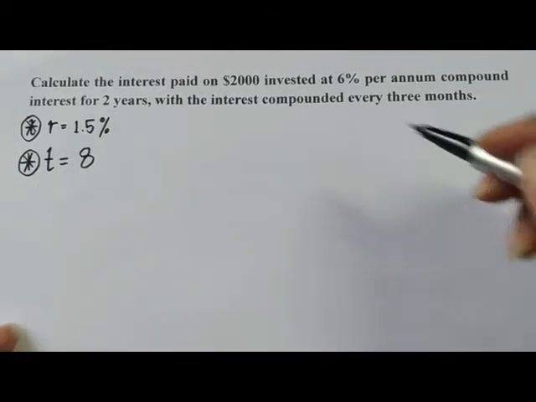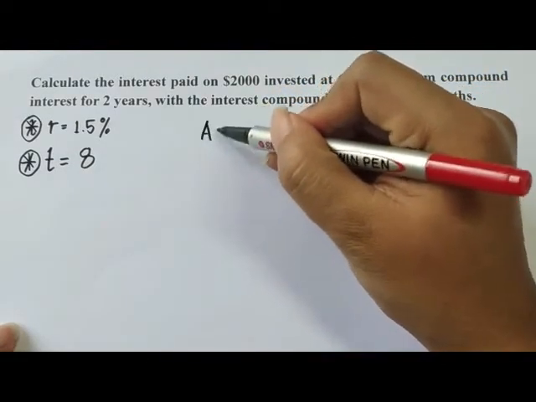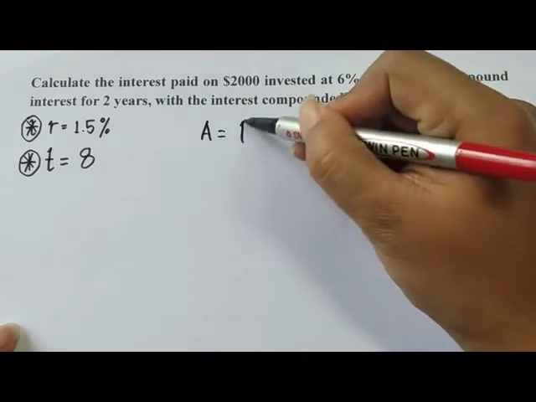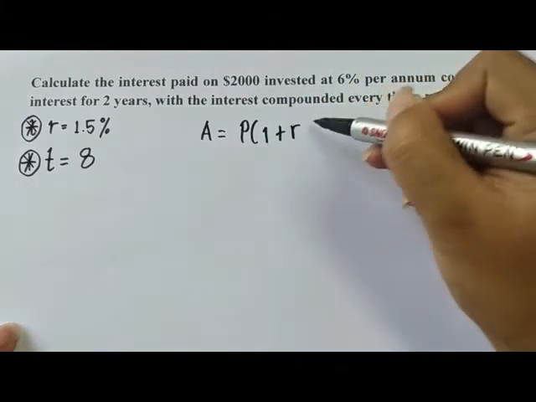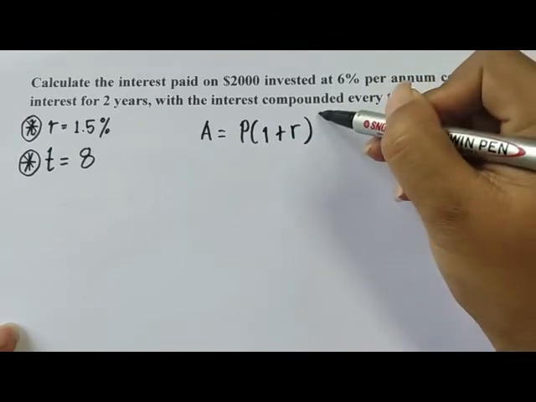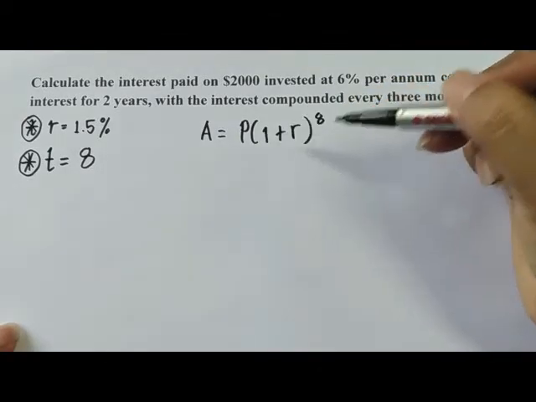After we find the R and the T, we can find the solution. We know that the compound interest formula is A equals P multiplied by (1 plus R) to the power of T. We substitute the values of R and T in this equation.